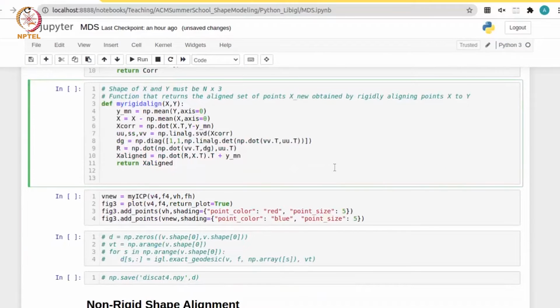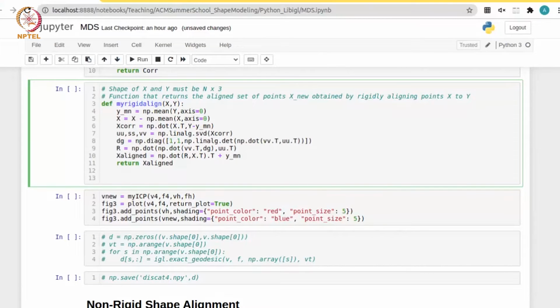The second function that is also given to you is myRigidAlign. It takes one mesh and the vertices in the other mesh which are put in a corresponding order to the first mesh.